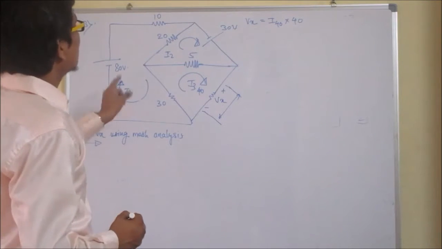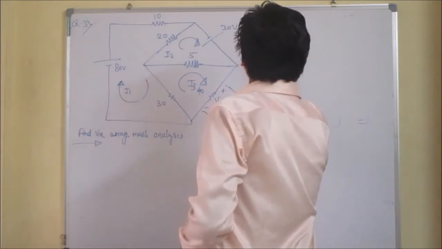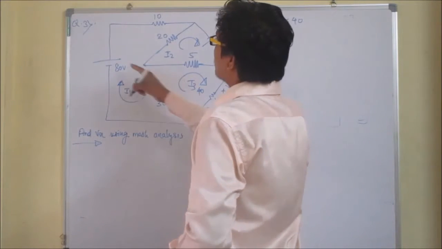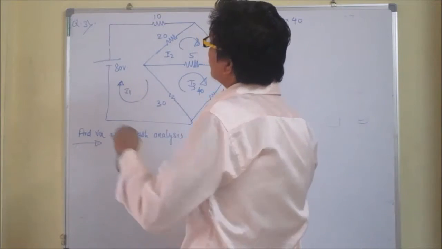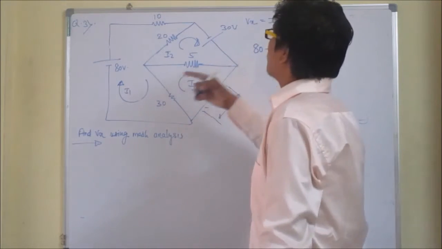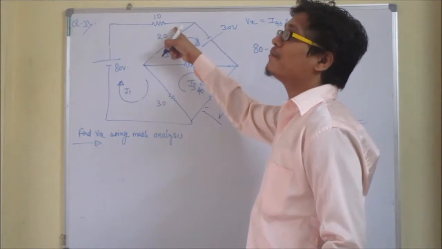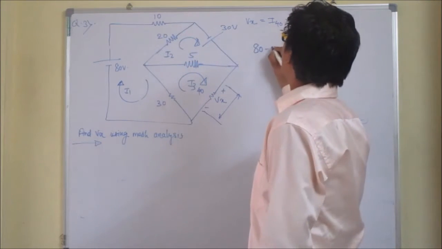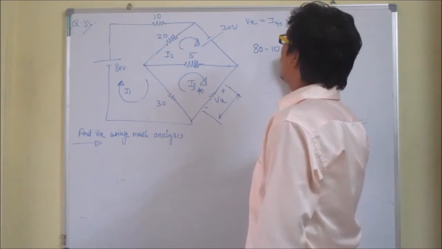Now writing the first equation for loop 1: plus 80, because we are going from negative to positive, that is there is a gain, a rise in potential. Then while moving through any resistor there is a drop in potential, therefore minus 10 into I1.